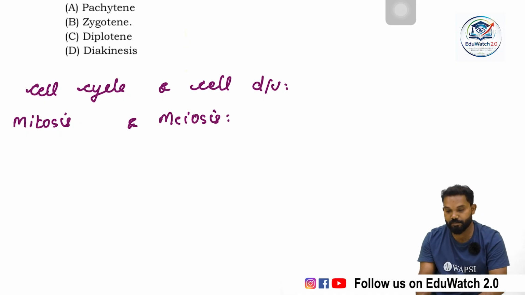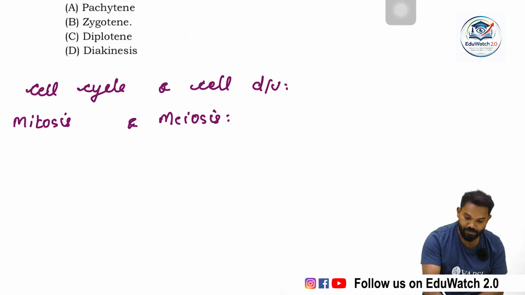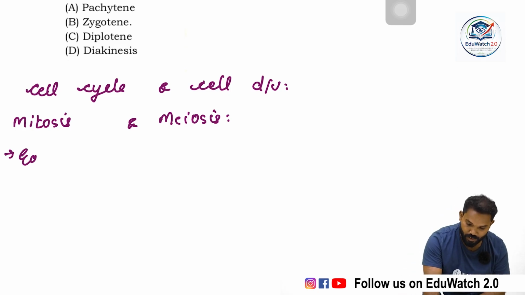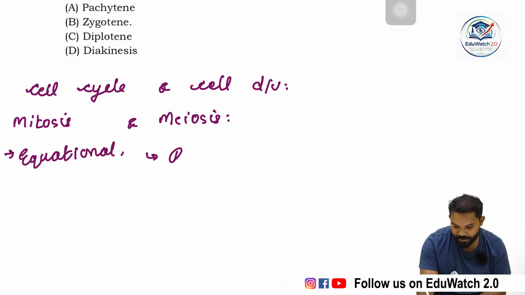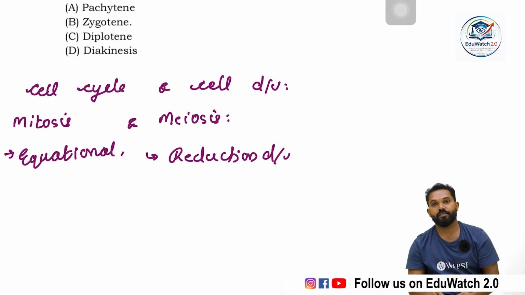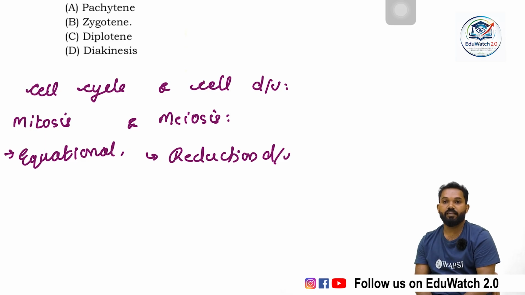You know the difference between mitosis and meiosis. Mitosis is an equational division, and meiosis is a reduction division.